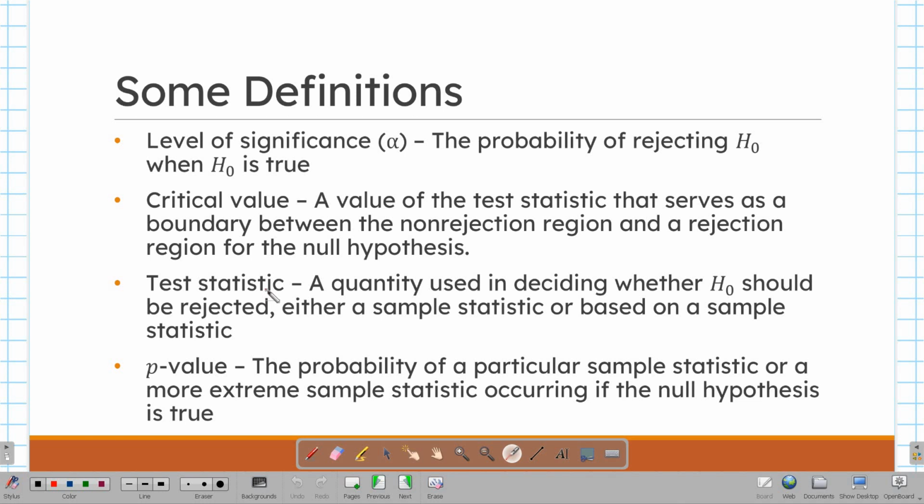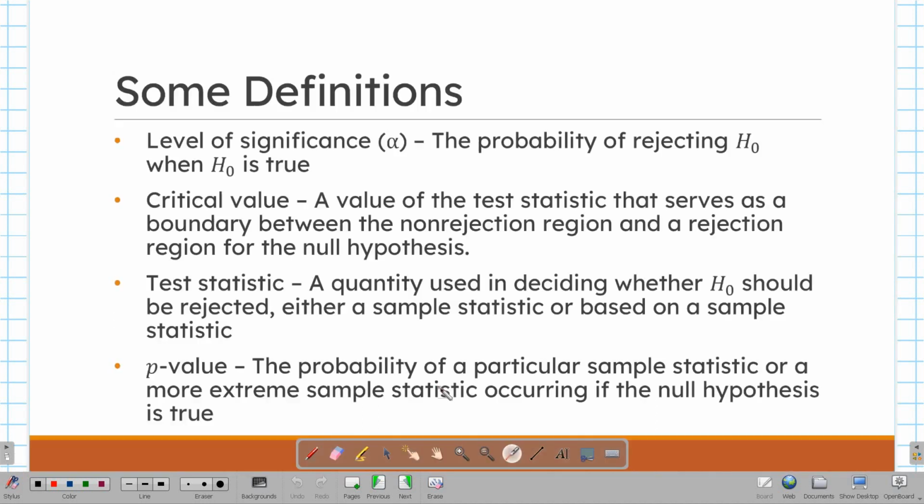Once we go into computer software, although the critical value can also be used there, the more commonly used way to determine whether the hypothesis is rejected is the p-value. It's the probability of a particular sample statistic or a more extreme statistic occurring if the null hypothesis is true.